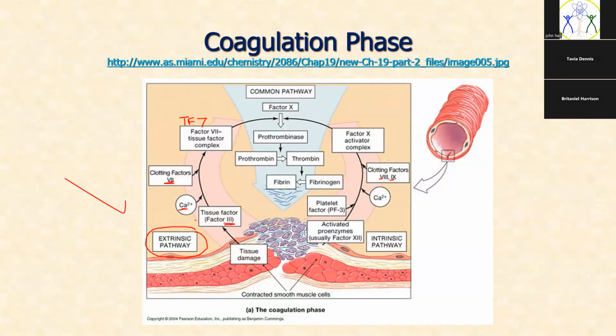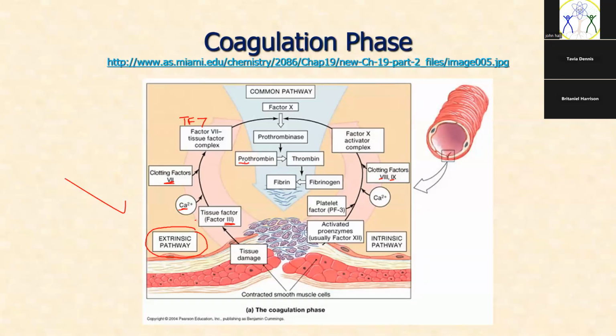All right. Now, once you have factor 10 activated, here's what happens next. Factor 10 activates prothrombinase. And of course, you know that's an enzyme. Prothrombinase converts prothrombin to thrombin, which is another enzyme. Normally, when you say pro at the beginning of an enzyme, it means that enzyme is in its inactive form.